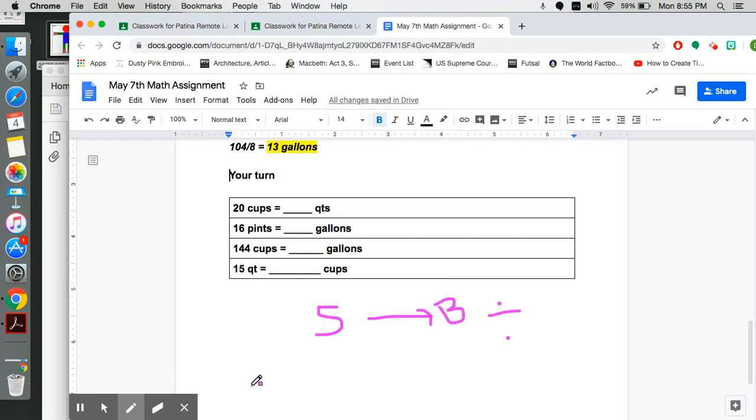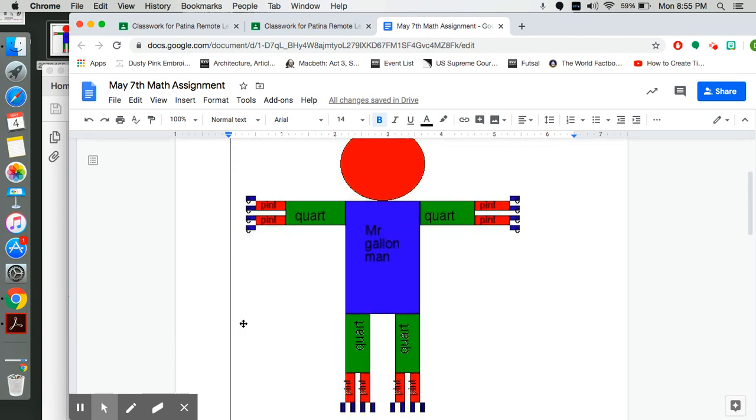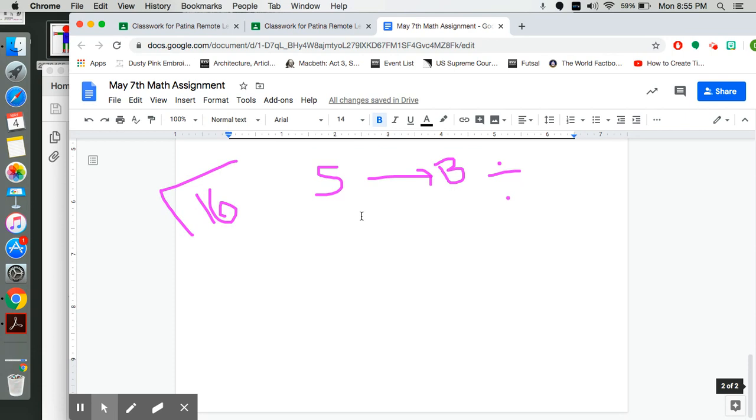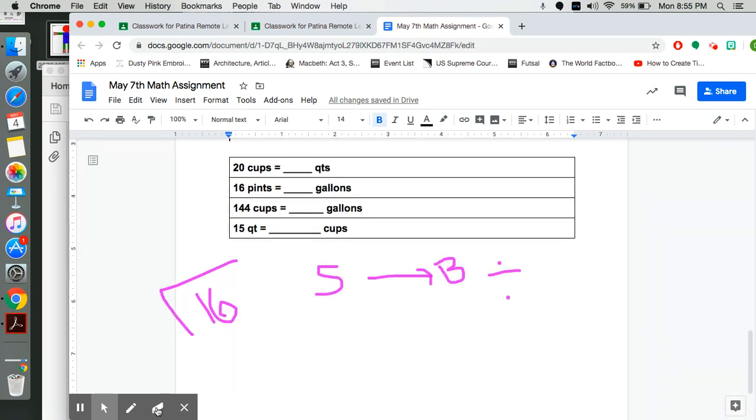All right, so I'm doing 16. Well, what am I going to divide by? How many pints are in a gallon? That's what I'm dividing by. Well, 1, 2, 3, 4, 5, 6, 7, 8. So I'm going to divide 16 divided by 8. If I do that, I get 2. So 16 pints equals 2 gallons.